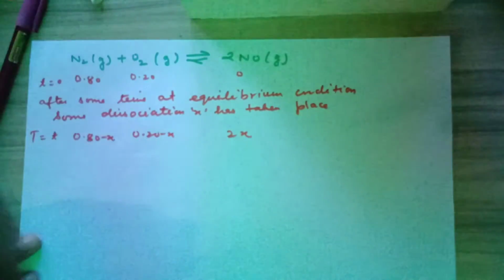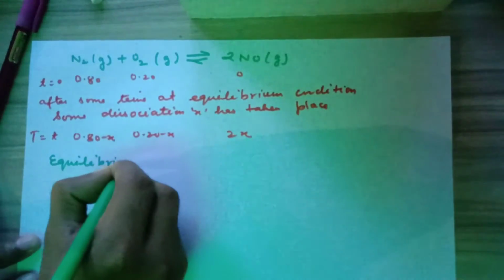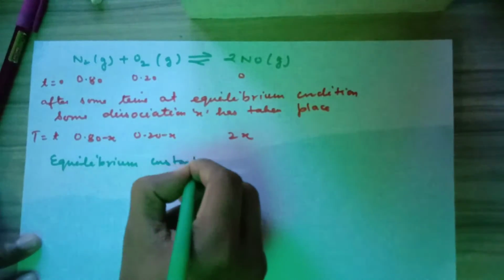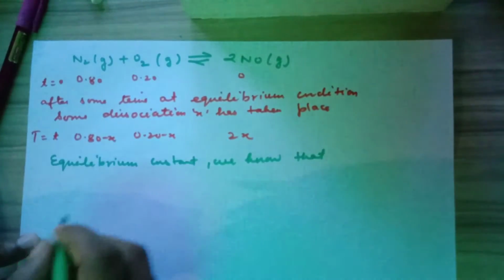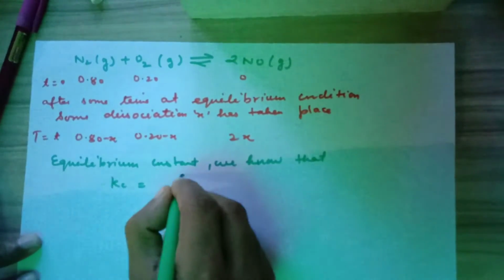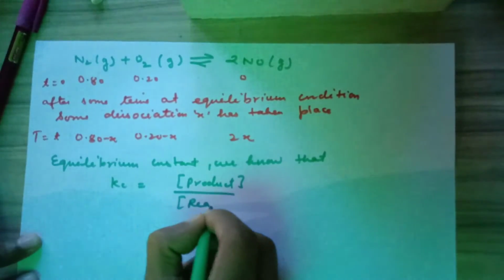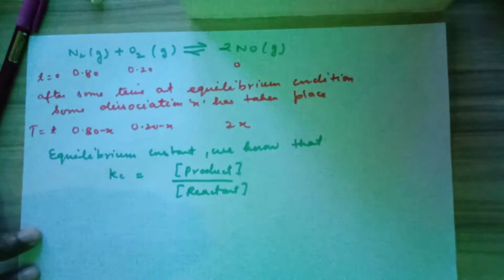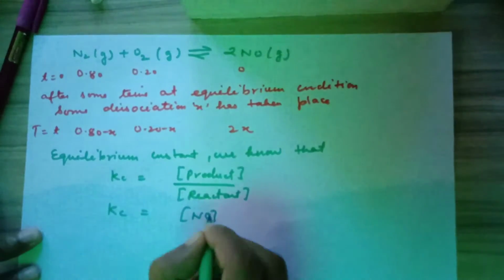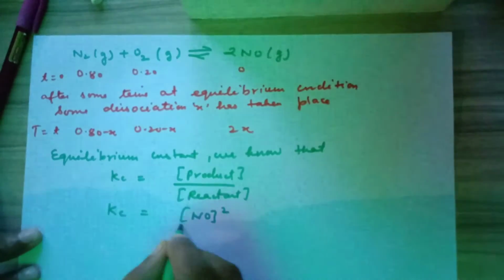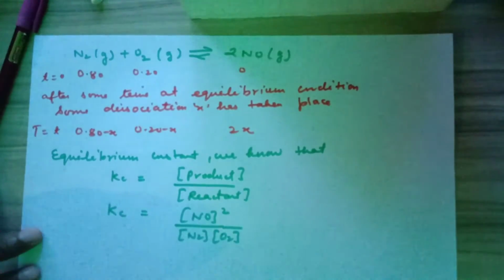Now according to the equilibrium constant, we know that Kc is equal to the concentration of product upon the concentration of reactant. So if you write Kc, it will be NO, with the coefficient moving to the power, that will be 2, upon the reactant concentrations, that is N2 and O2.